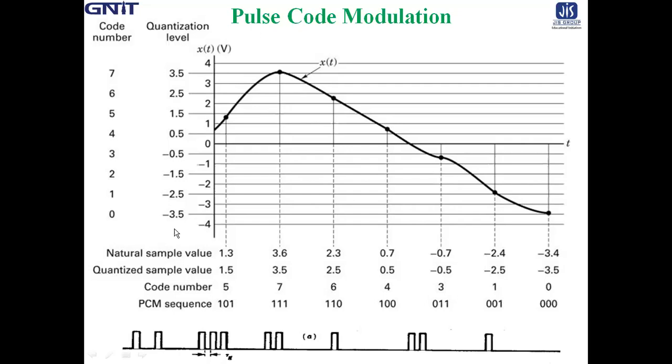So 0 to 7 are the code numbers, and 3 binary bits are sufficient to represent them. The binary representation of 5 is 101, then 7 is 111, 6 is 110, 4 is 100, 3 is 011, 1 is 001, and then 0 is 000.